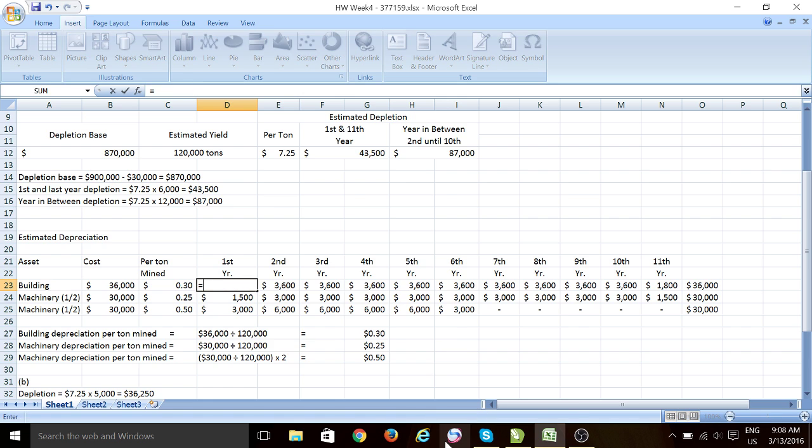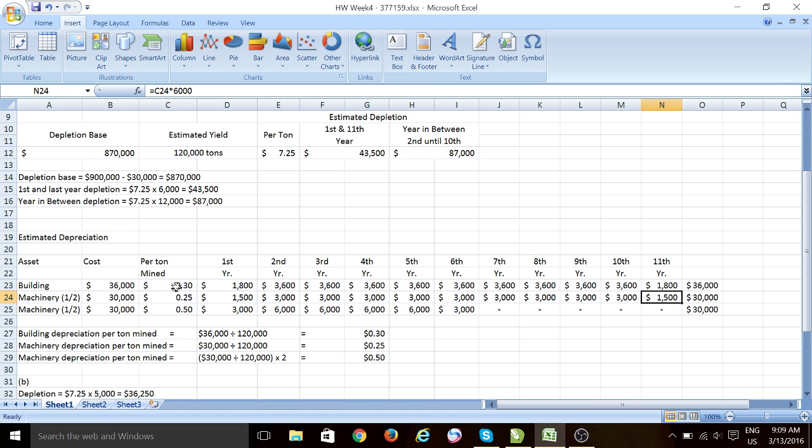To find the depreciation, the first year is the same as the depletion base. It equals the per ton cost times 6,000, because we estimate that the first year is 6,000 tons, so 1,800. And the second year, 0.3 times 12,000, we got 3,600, and so on until the 10th year, and then the 11th year we use 6,000 because we mine 6,000 tons again.